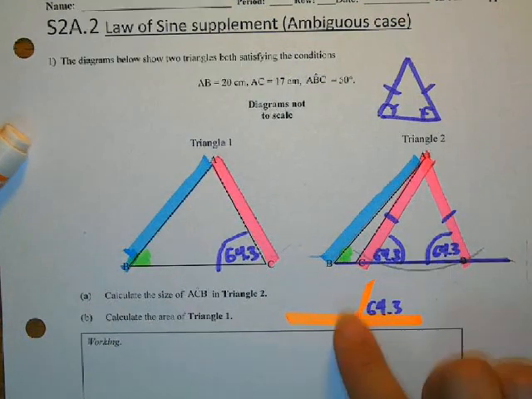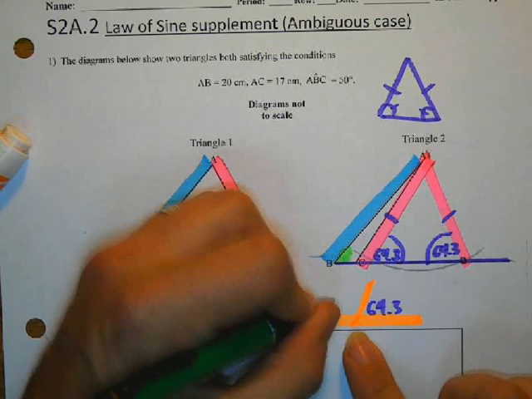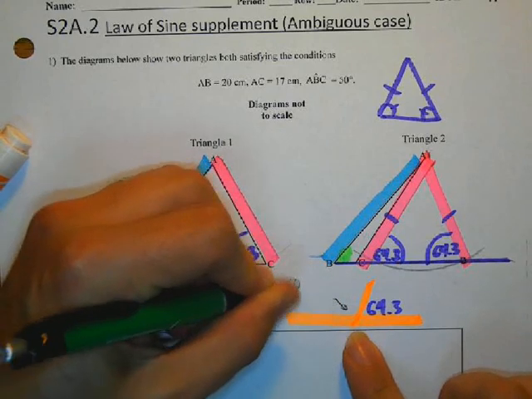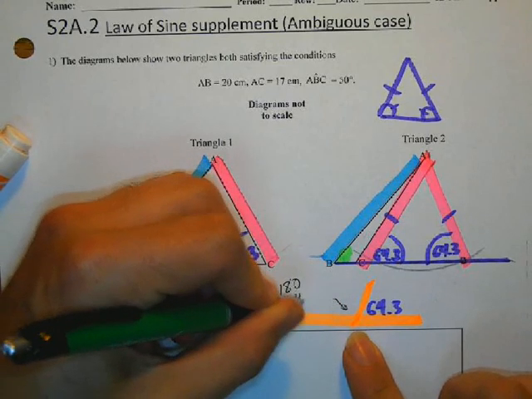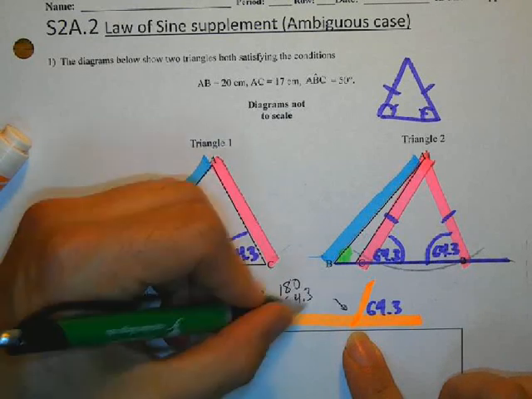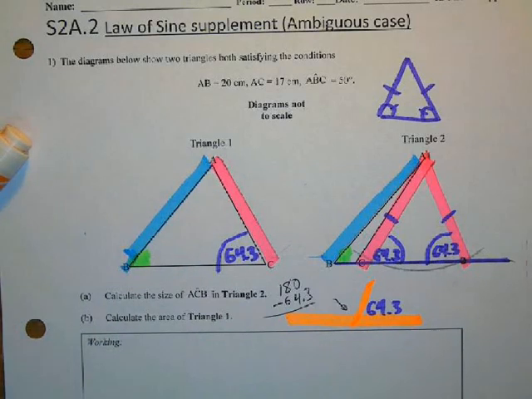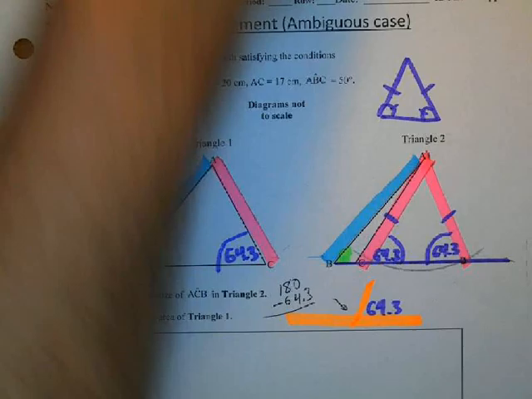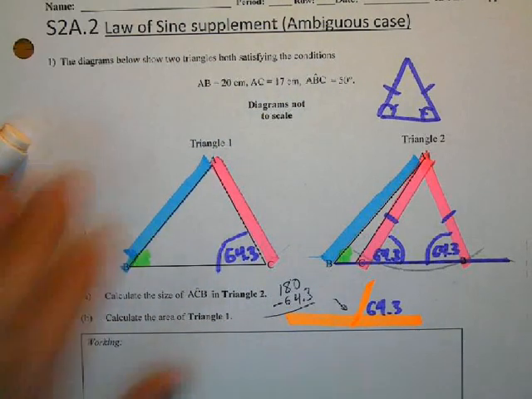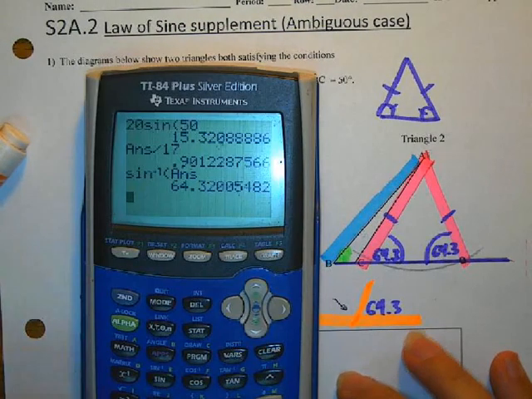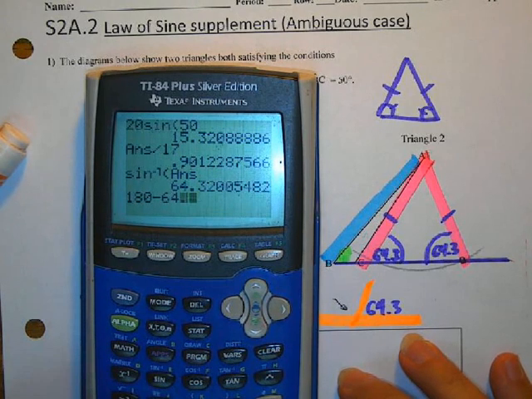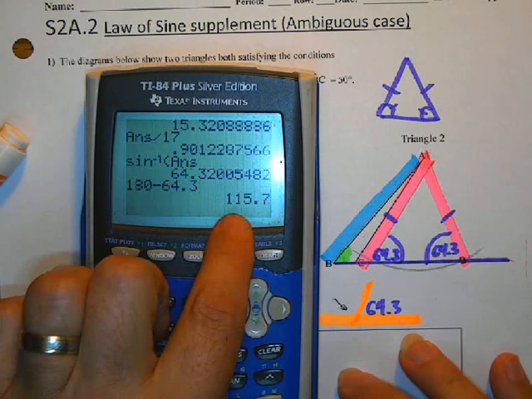To find this one here, I can do 180 minus 64.3, and I end up with 115.7.